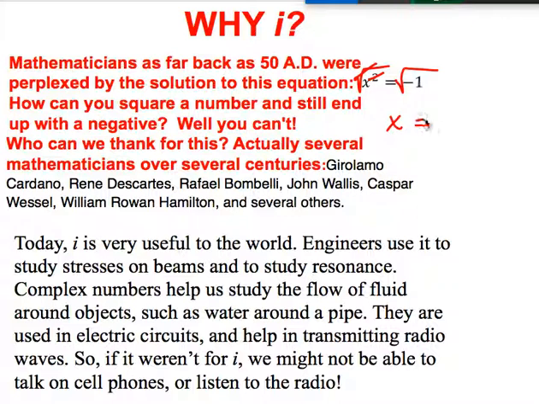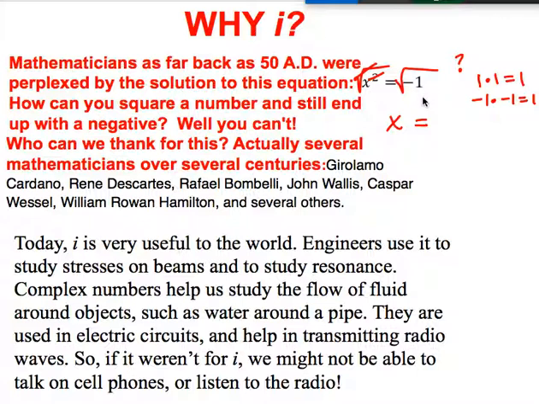But when you take the square root of -1, you're asking yourself this question. You're saying, what 2 numbers can I multiply and get a -1, and they have to be the same 2 numbers? So you might think, okay, well, 1 times 1, well, that's a 1. -1 times -1, well, that's also a 1. So there's no 2 numbers that I can multiply, and they have to be the same, that I'll get a -1.